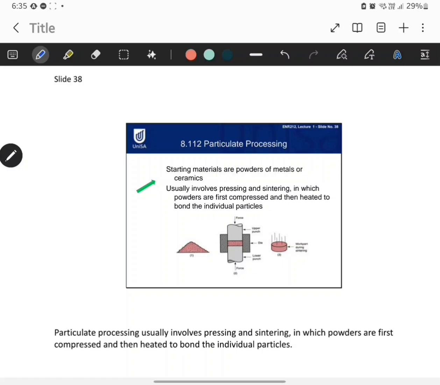The powders are compressed in a process known as pressing. As we can see, force is applied from above and from the bottom of the die. After compression, they are heated to fuse the particles together in a step called sintering.